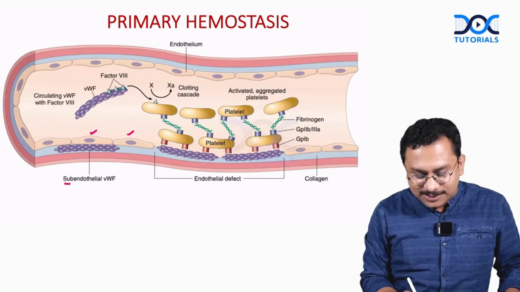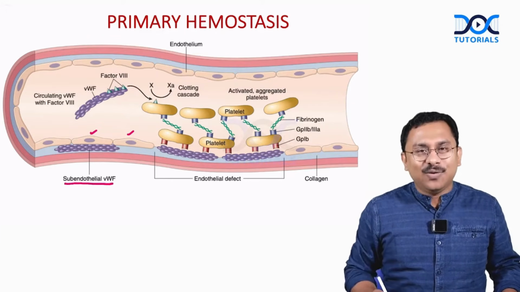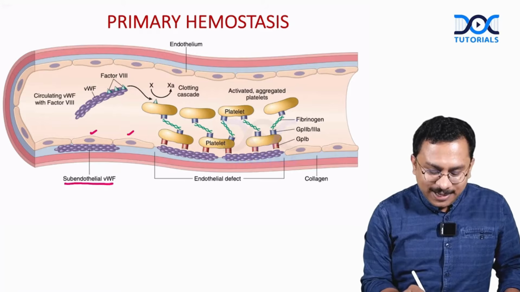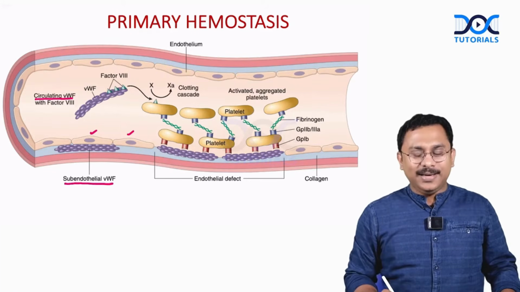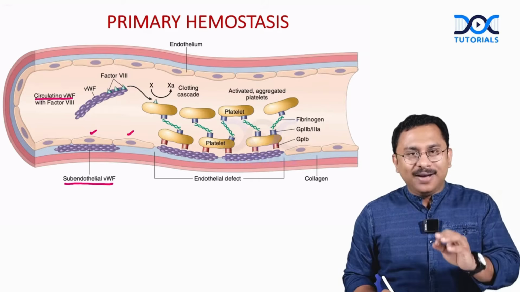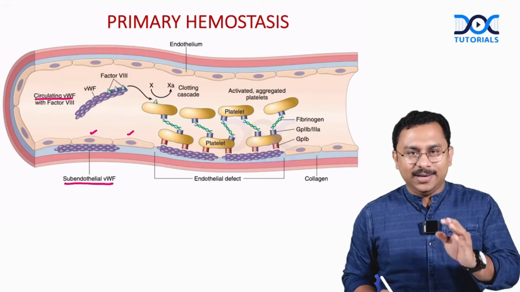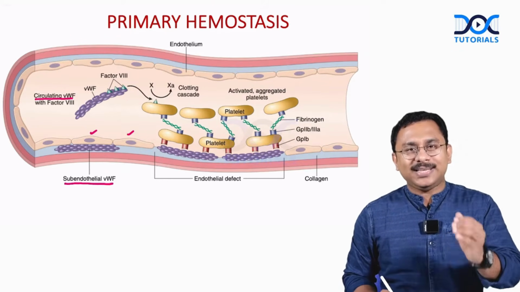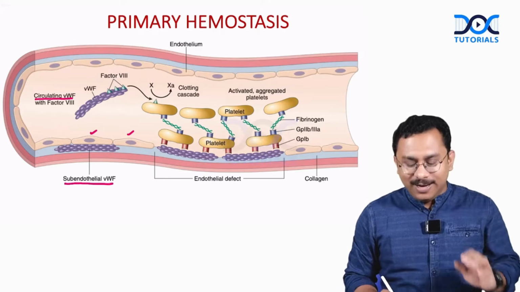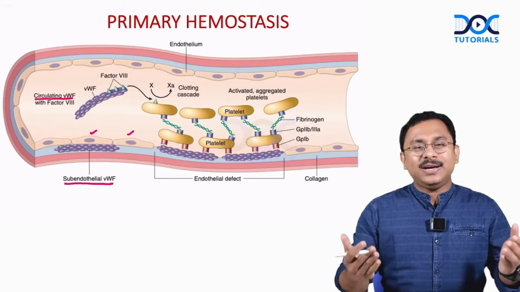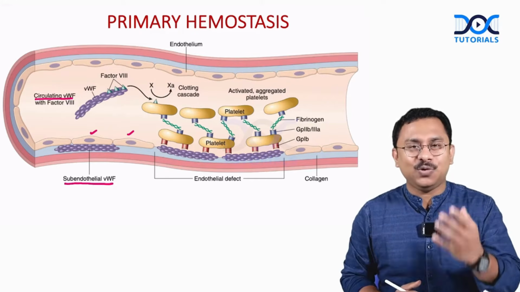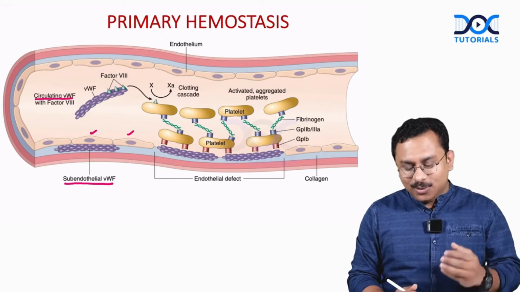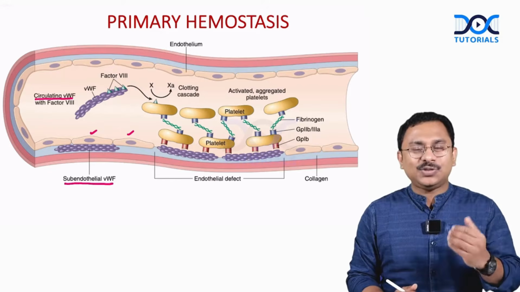You've got the subendothelial von Willebrand factor as well as the circulating von Willebrand factor. So when you have an endothelial injury, a vascular injury, a damage to the endothelium, what will happen? You will have the subendothelial collagen being exposed.